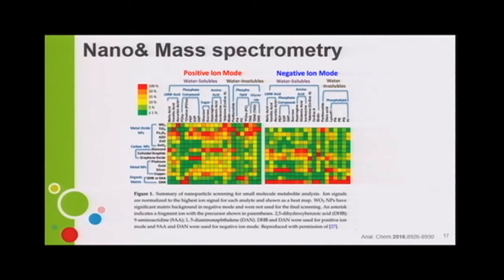Here there's a summary of the nanomaterials that were used in order to identify some small molecule compounds. And you can see that we start from metal oxide nanoparticles, carbon nanoparticles, metal nanoparticles, compared to the organic matrices.